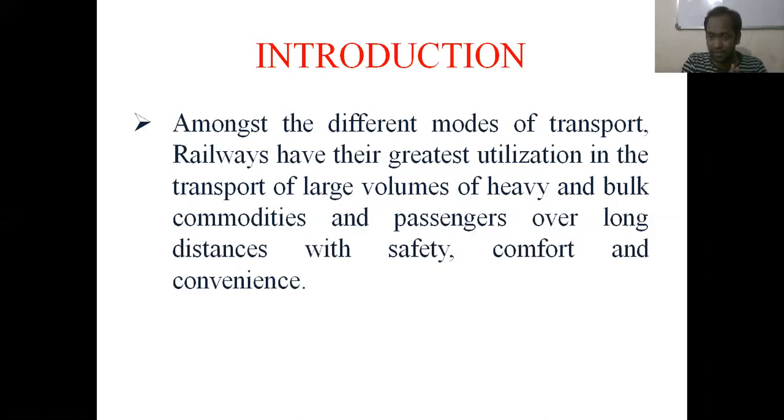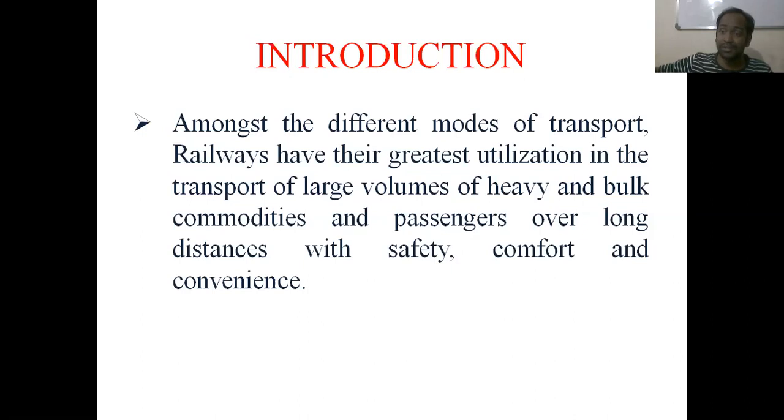If we need to convey goods from one place to another, railway transport is the best for long distances instead of road transport or air transport, because air transport conveys goods and passengers in a short time, but it is highly expensive.